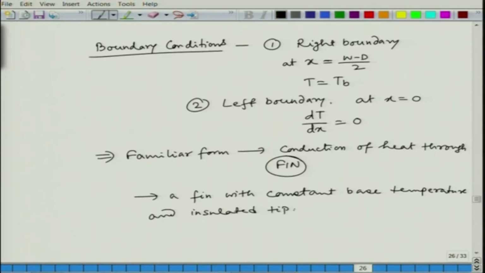Why do you say so? Because an insulated tip gives you the dT/dx equal to 0 condition, and constant base temperature gives you the T equal to T_b condition. So, this is a familiar form and you know the solution very well from your knowledge of fins. We are not going to derive it because it is known and you can do it yourself.